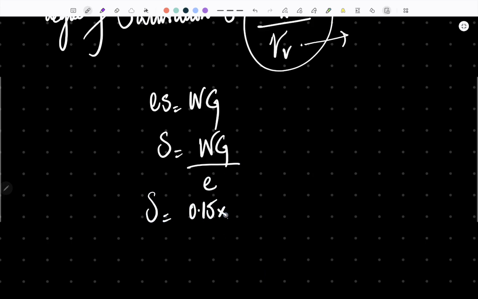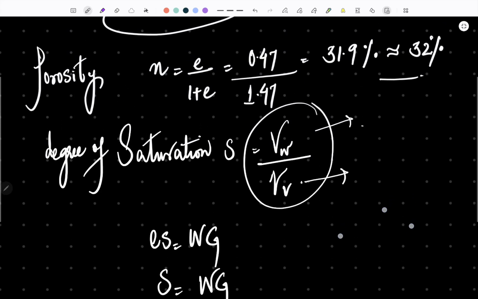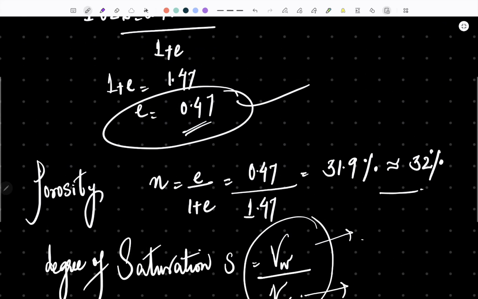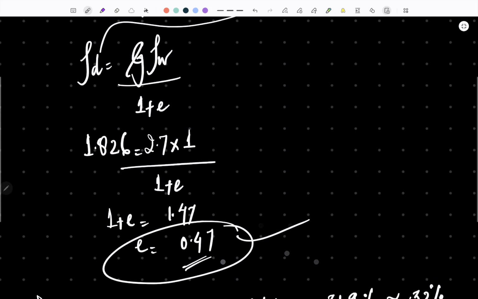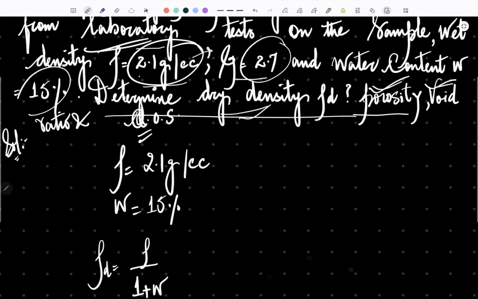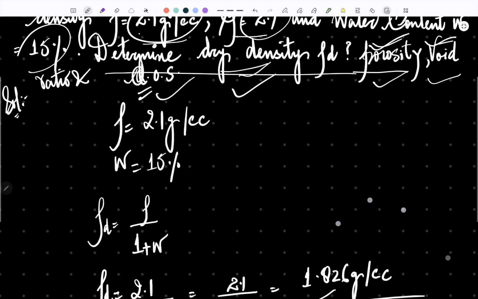We know G, that is to be used as 2.7, and void ratio we have calculated as 0.47. So by calculations, my degree of saturation is equal to 86.17%. With this, we have completed the question in all respects. We have found dry density, porosity, void ratio, and degree of saturation as well. All right, moving on to the next question.